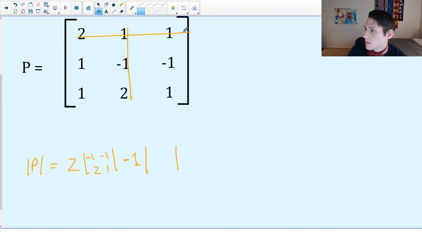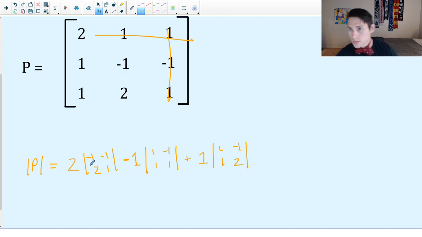And then imagine we get rid of that row and that column. So 1, -1, 1, 1. It's these 4 numbers. And then plus 1, 1, -1, 1, 2, if we cross these out. 1, -1, 1, 2.